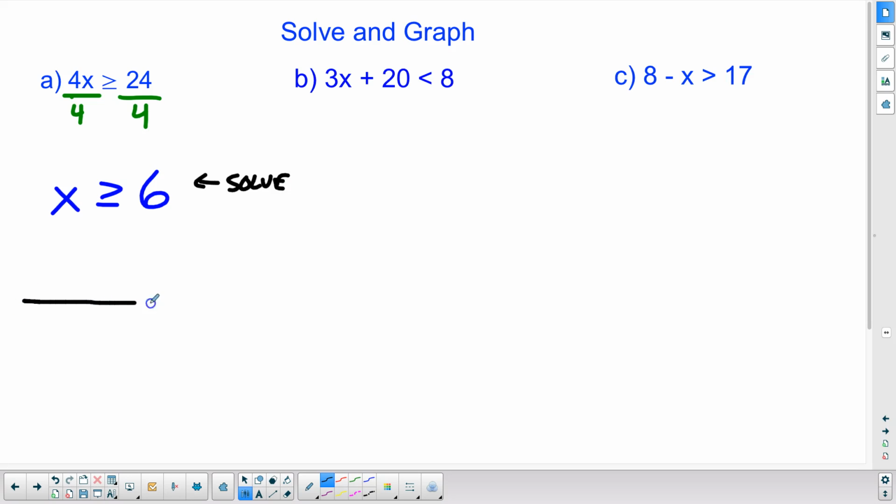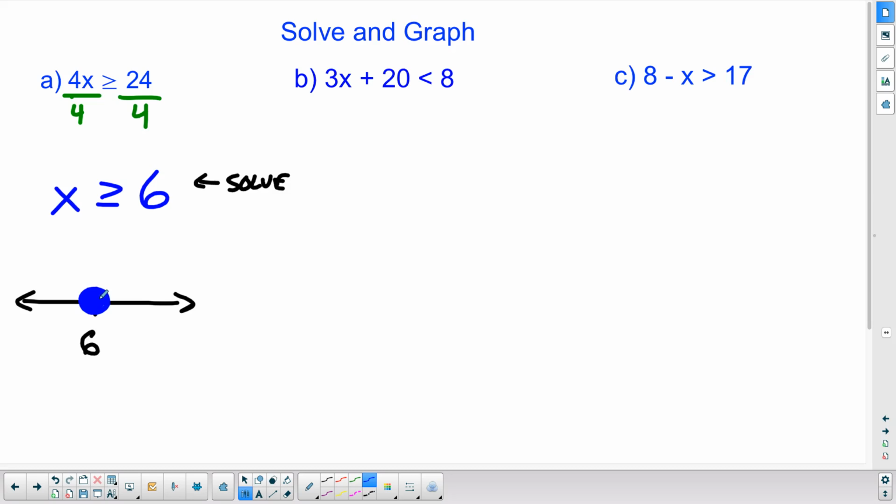Okay. So the solve part, I write out my solved inequality. The graph part, now I take that solved inequality. The only number that I'm concerned about is 6. Okay? And I make my graph based off of that. So, I have an open or a closed dot at 6. It's closed because it's got an equal part to it. So I fill that bad boy in. Okay? Now, logic tells me that this solved statement says I want all numbers bigger than or equal to 6.